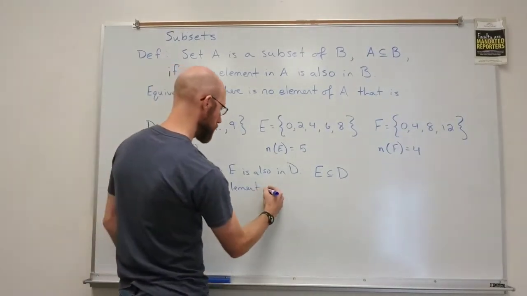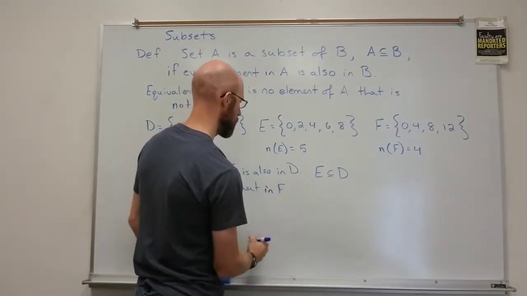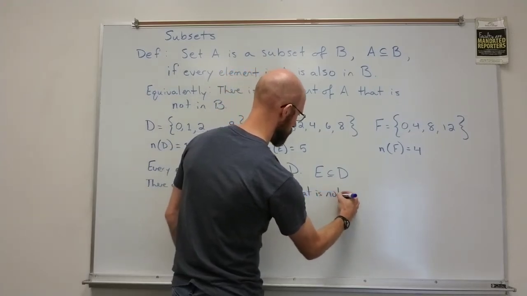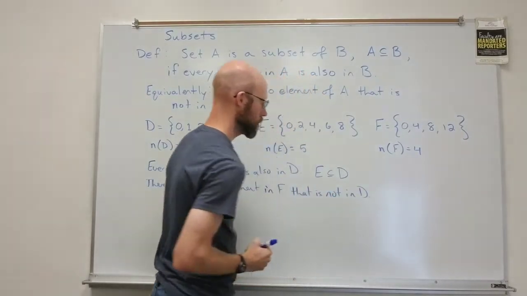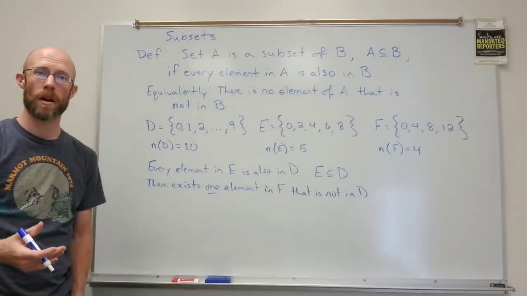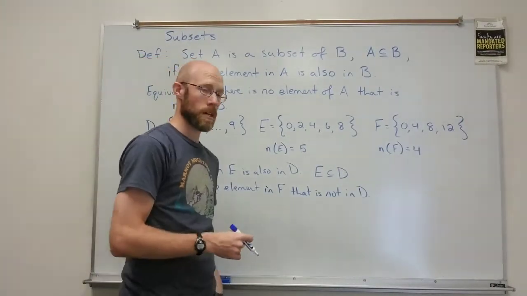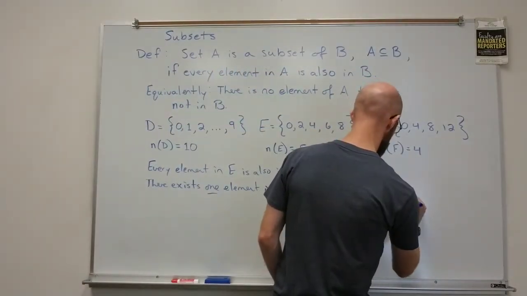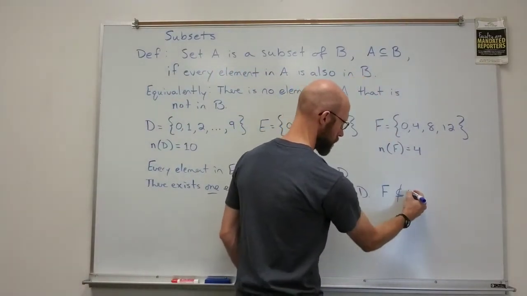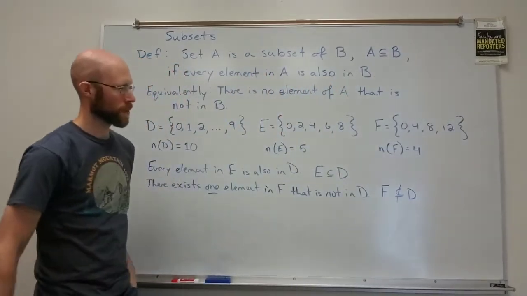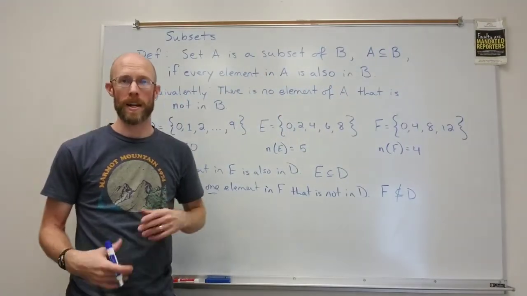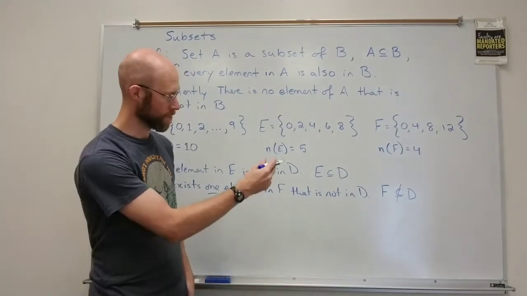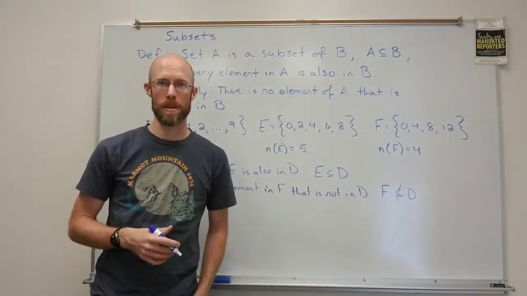There exists one element in F that is not in D. Therefore, F is not a subset of D. To write not a subset, we use the subset notation with a slash through it, kind of like a not equal sign, or a not less than or equal to. It's not a subset.